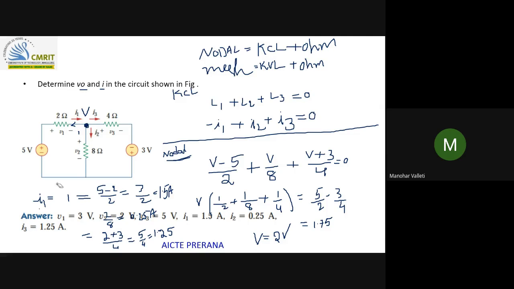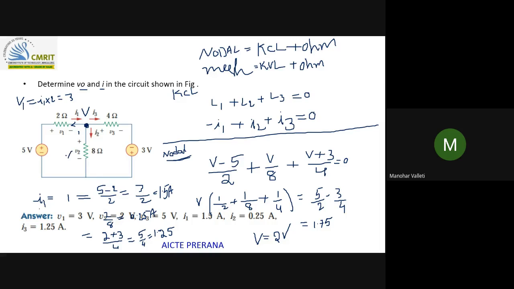So once you got I1, I2, I3, it is very easy for you to find V1, right? How much is V1? Can you tell me V1? How will you find V1? V1 equal to I1 multiplied by 2, right? 1.5 multiplied by 2, it is 3 volts.